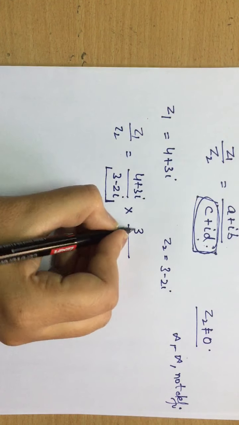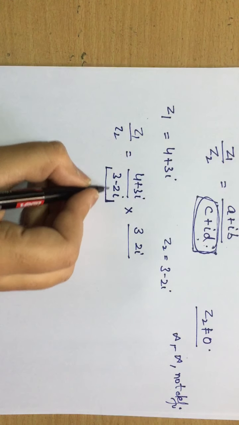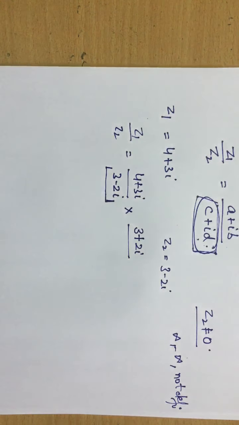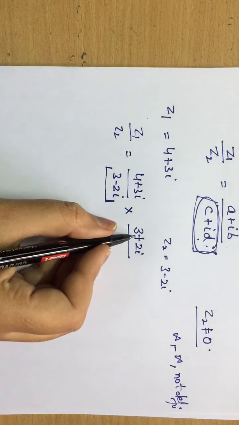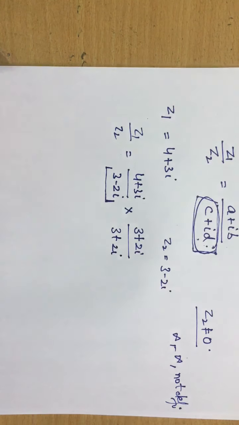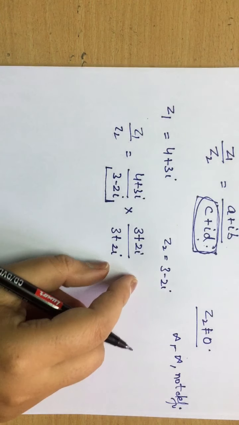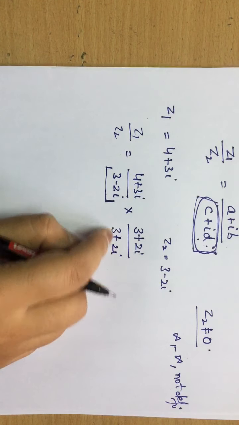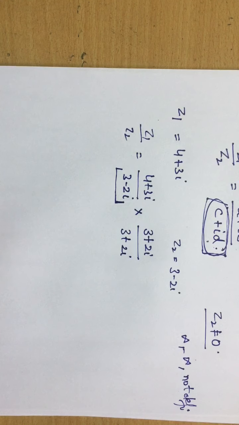Just write this value and change the sign of iota. Here the term iota contains a negative sign, so I will change it to plus. So multiply by this term and divide by this term, same as you do in rationalization. So we multiply and divide by 3 plus 2 iota.